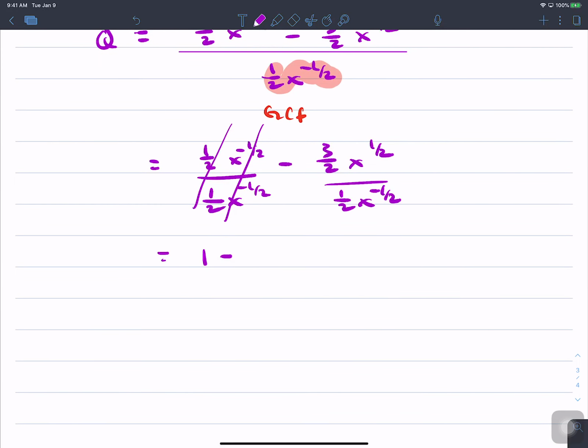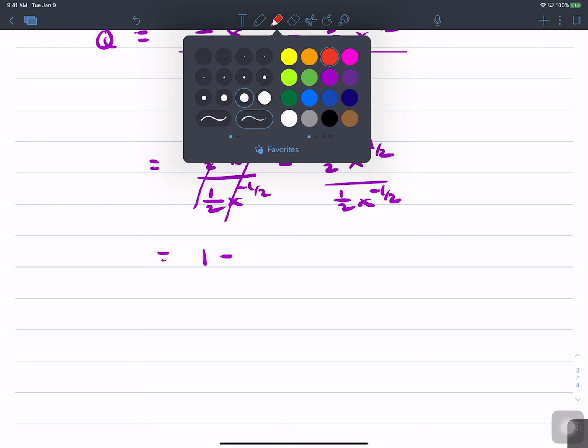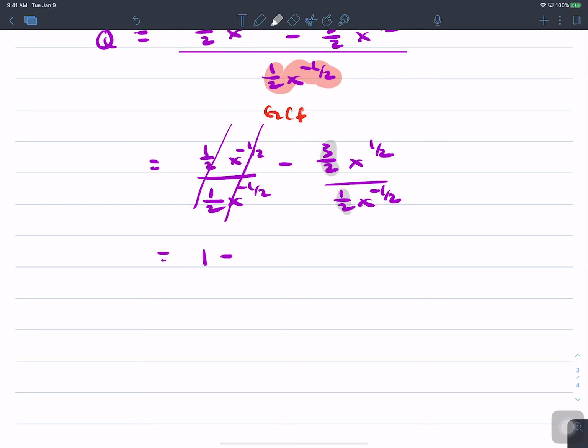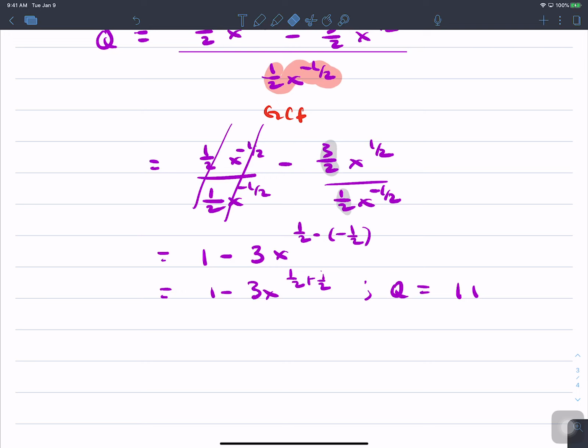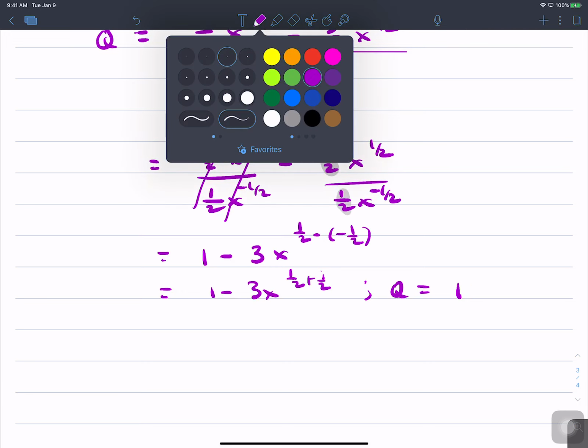So we got 1 minus, and this is now properties of exponents, but if you look at 3/2 divided by 1/2, that's going to be 3. And then this is x to the 1/2 minus a negative 1/2. So you end up with 1 minus 3x to the 1/2 plus 1/2, or really the quotient is 1 minus 3x.